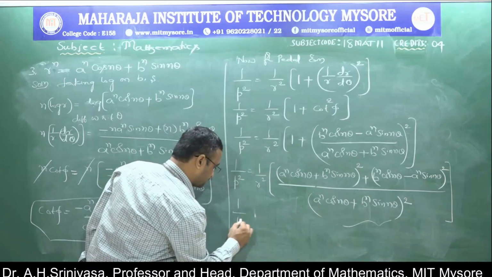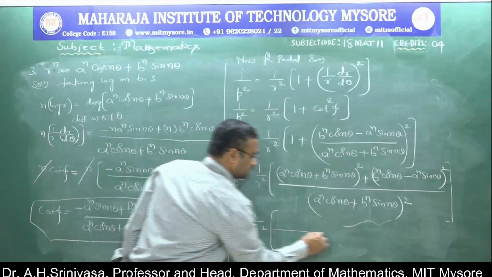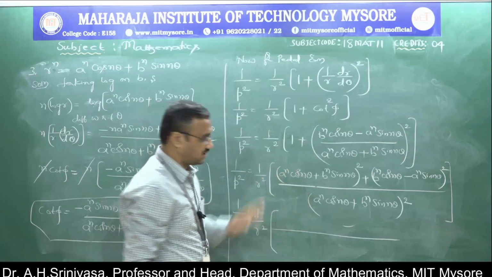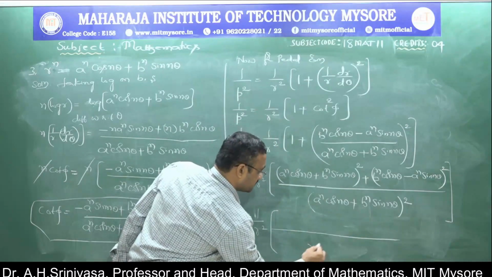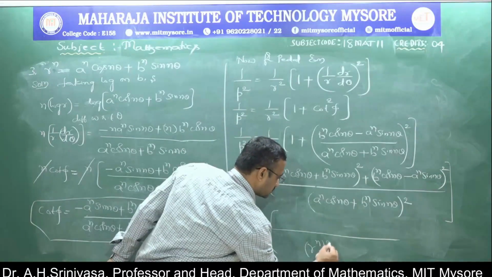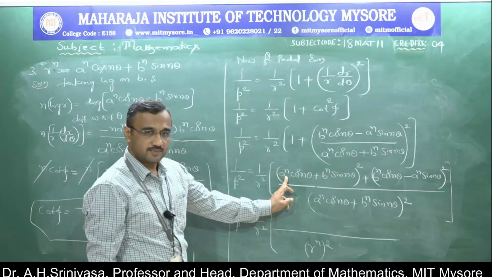That is 1 by p square equal to 1 by r square. Now expand this using the a plus b whole square formula, and instead of the denominator we put r power n whole square.